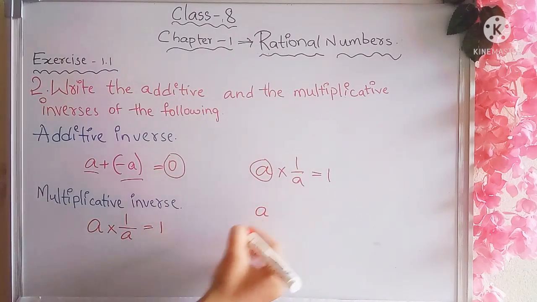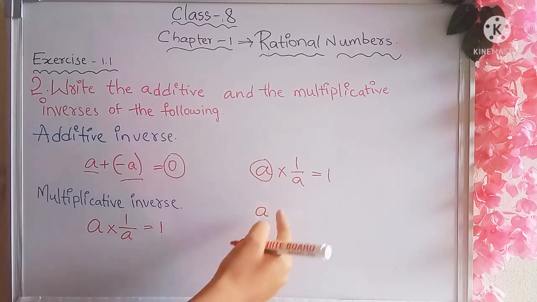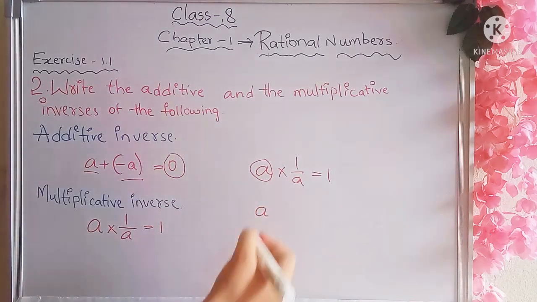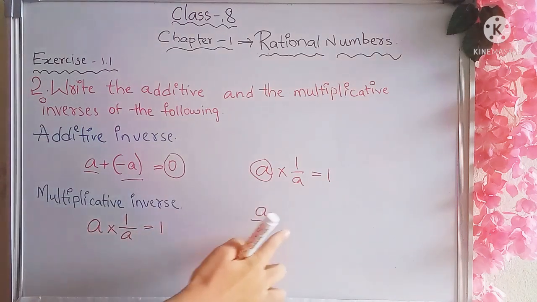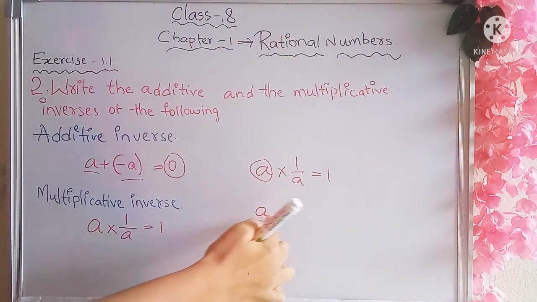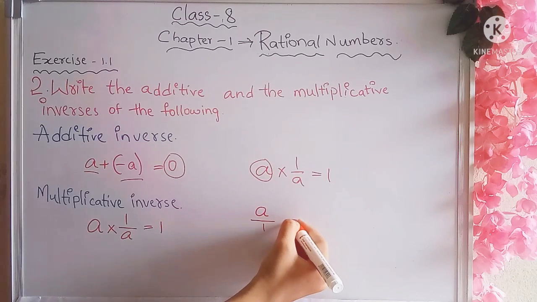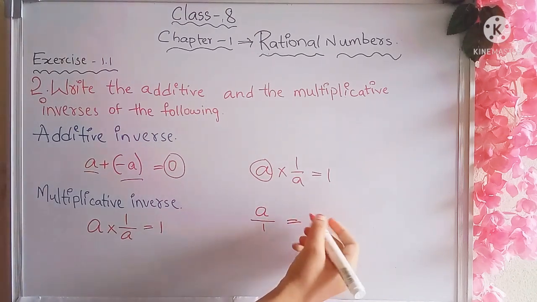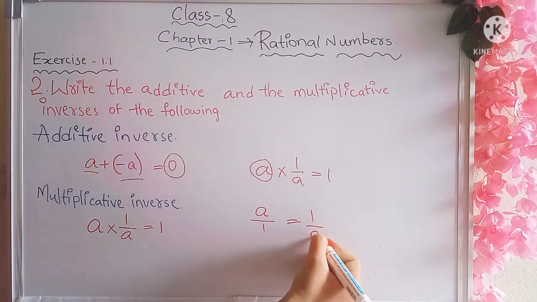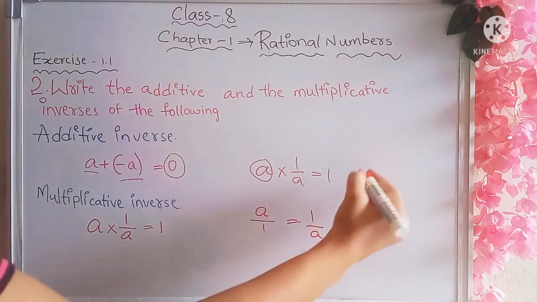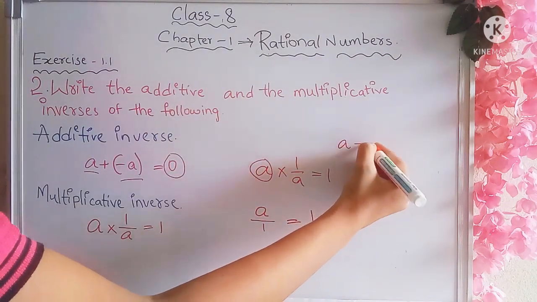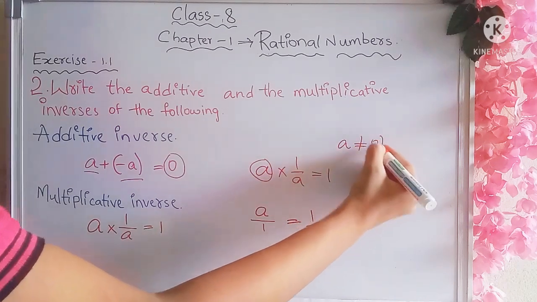Let's think A is some number, and to represent this number A in a fractional form we write A upon 1. The reciprocal of A upon 1 is 1 upon A. And A must not be equal to 0.